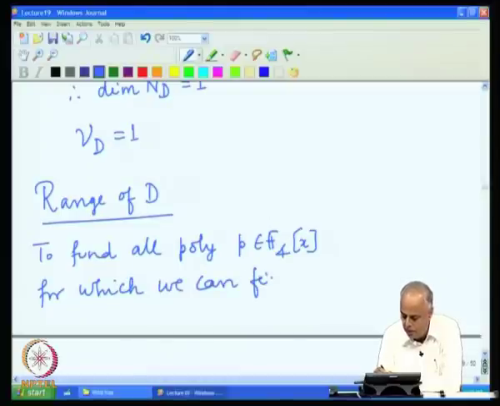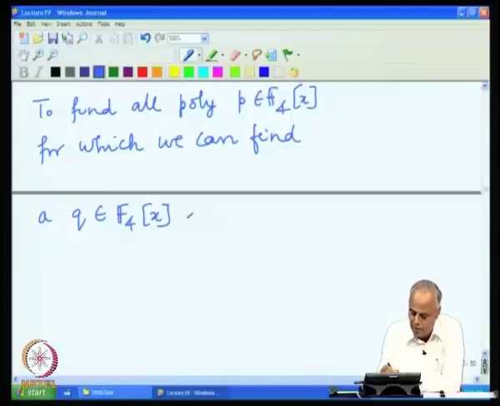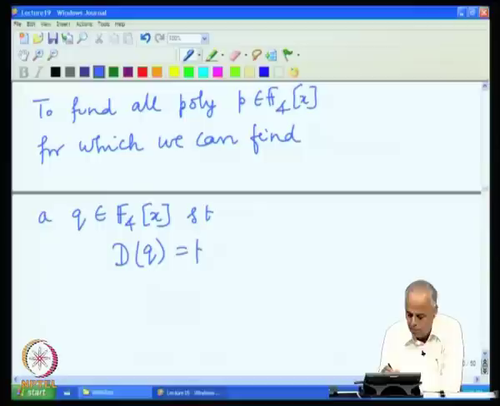What does that mean? We can find a q which is also in that same space because it is a linear operator, such that the image of q is equal to p.